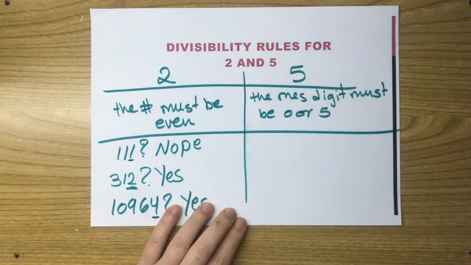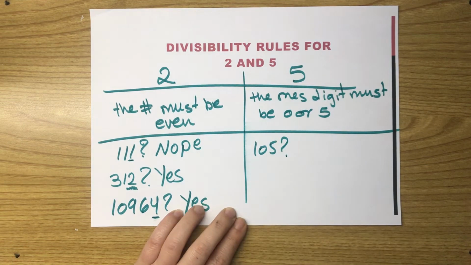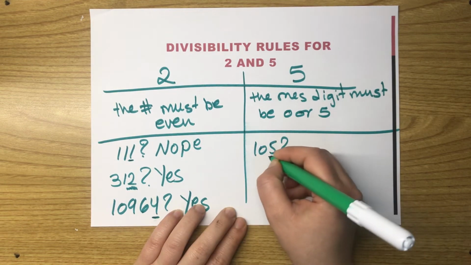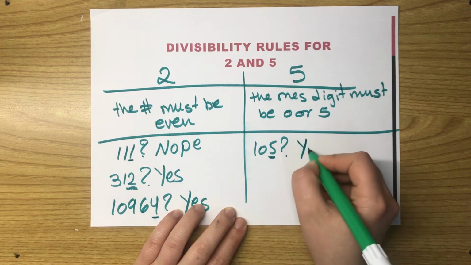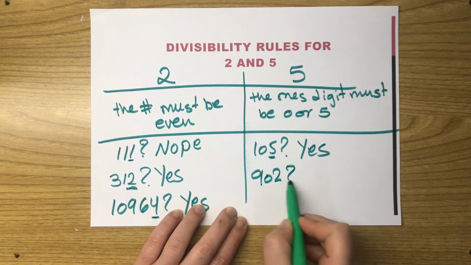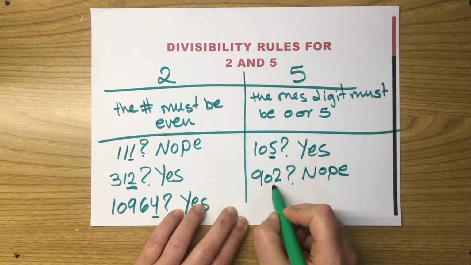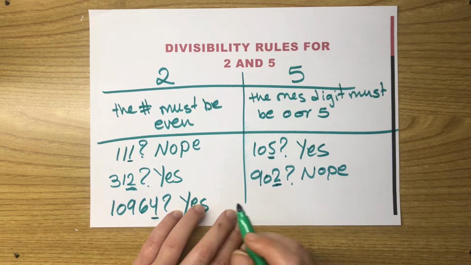Okay, examples. 105, divisible by 5? Yes, because the ones digit is 5. Is 902 divisible by 5? Nope. Why?